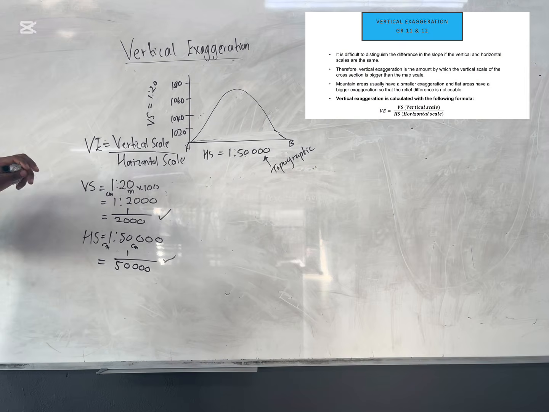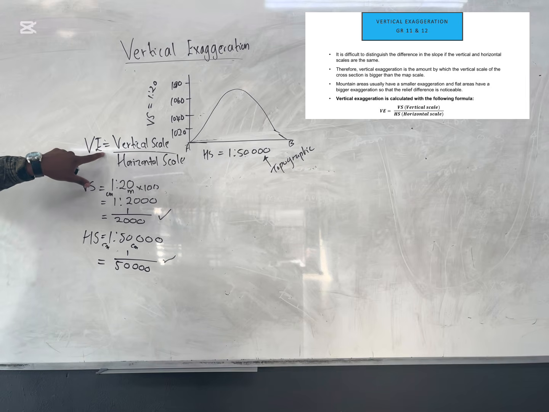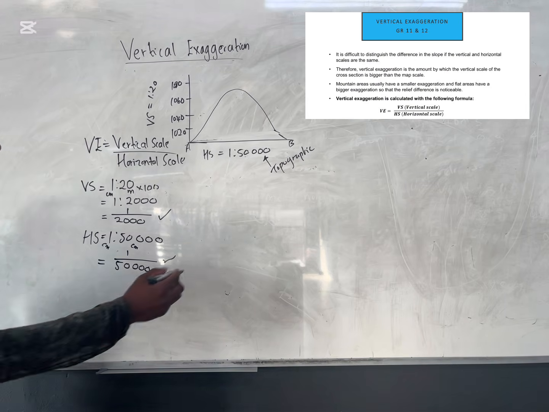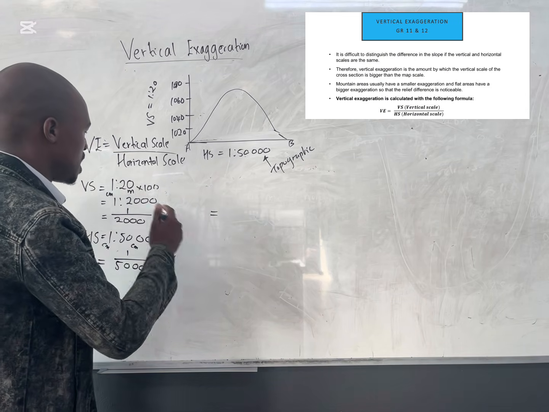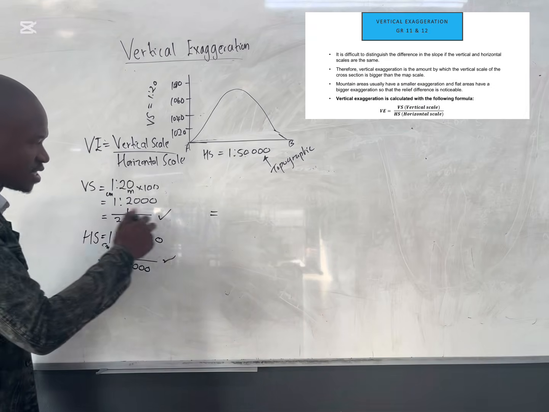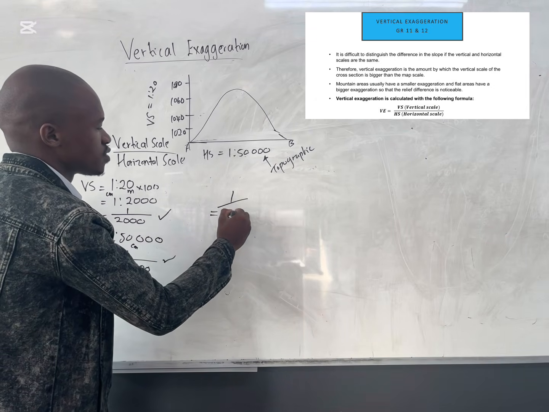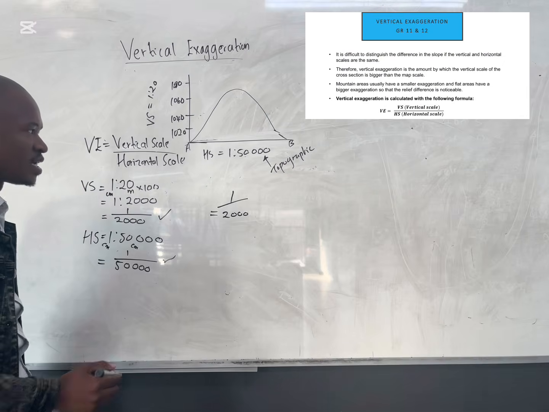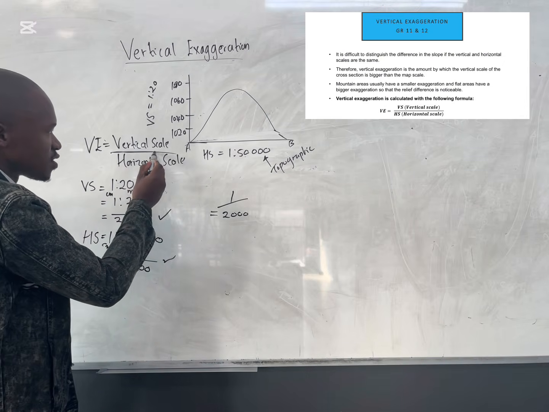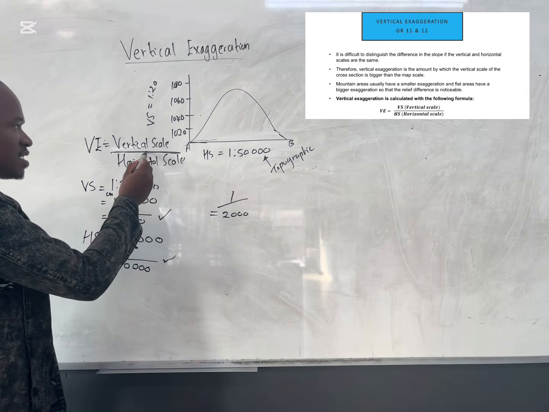Right? Now the next mark, you get it by substituting into the formula. The formula is vertical scale over horizontal scale, right? Let me put it here, I don't have space. Our vertical scale, we already have it. It is 1 over 2,000, right? Now this vertical over horizontal means we are dividing, right?